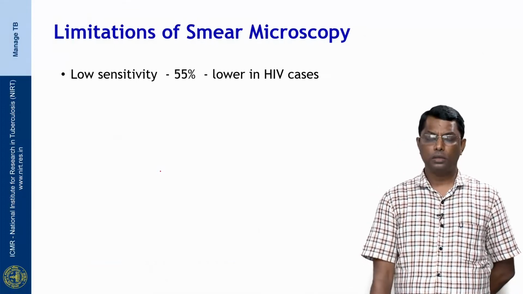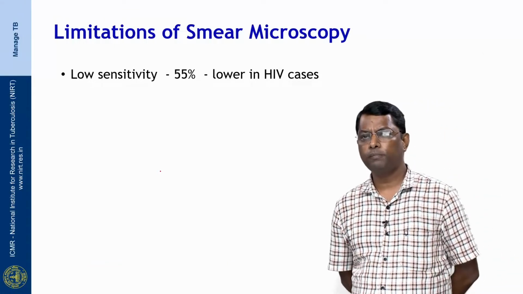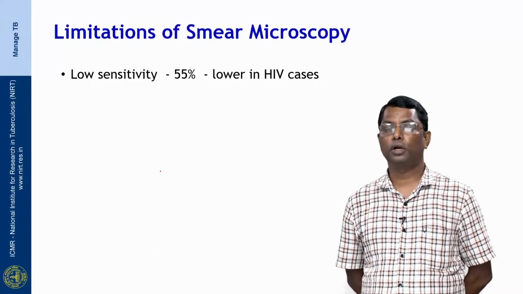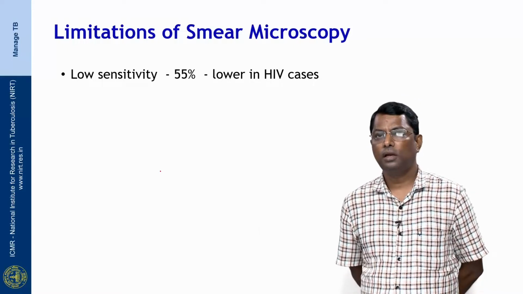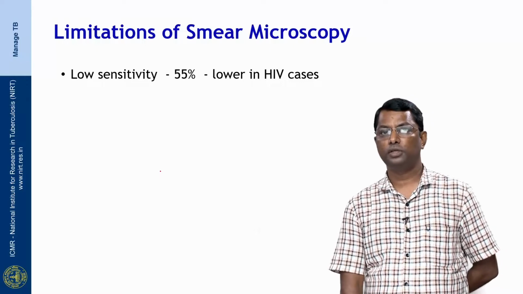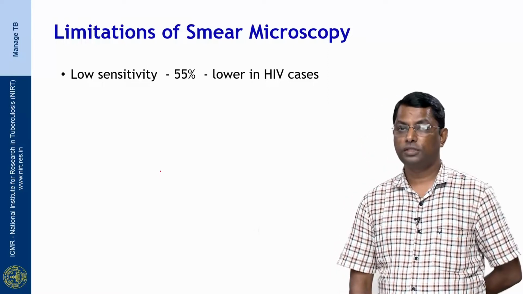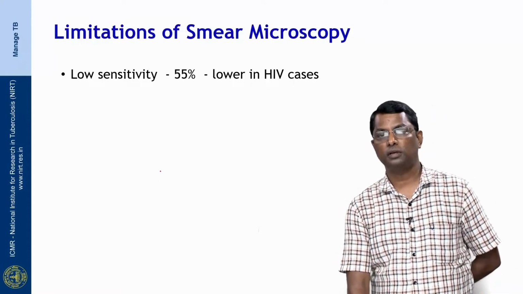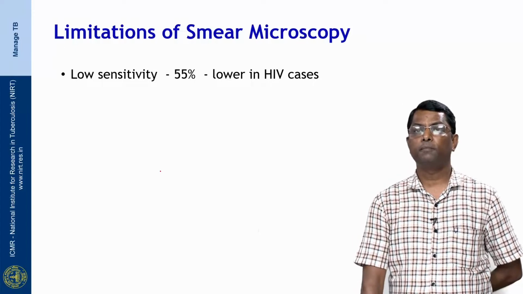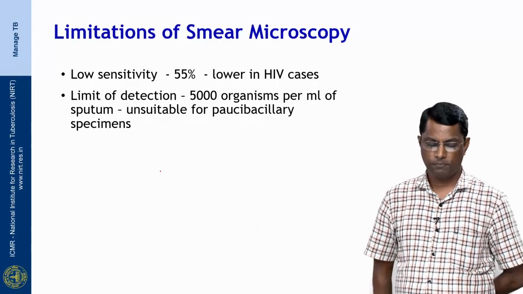Now, although smear microscopy is easier to perform, gives quick results, as well as can be performed at the DMC level, it has its limitations, and the limitation is the sensitivity. It has a low sensitivity, approximately 55% from various studies, and it is still lower in cases of HIV patients.